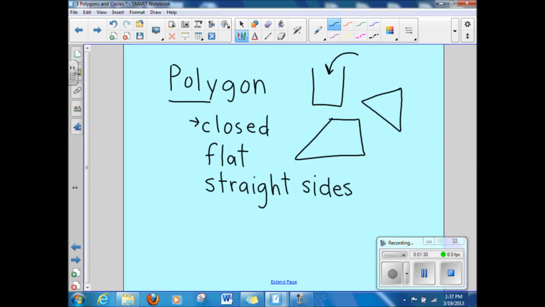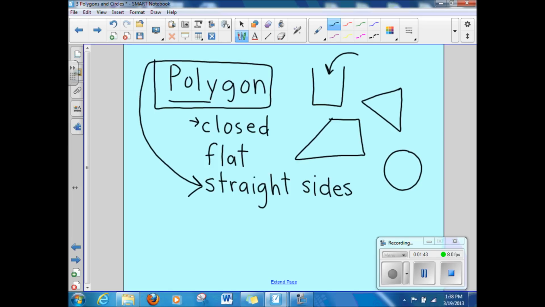Here's a closed figure too, but that is not a polygon because polygons have to have straight sides. This character right here must be that other thing we talked about at the beginning on our first title card, called, of course, a circle. So a circle is not considered a polygon.